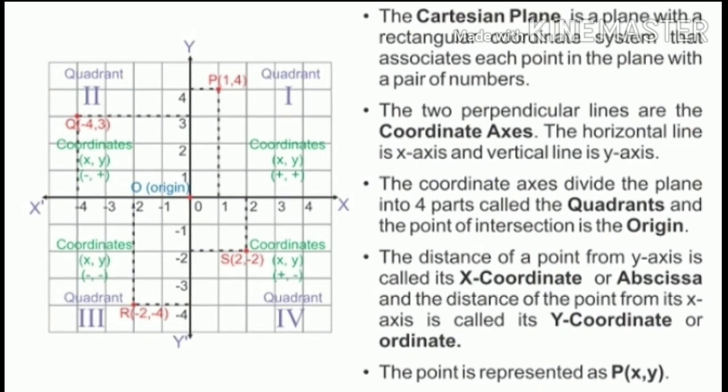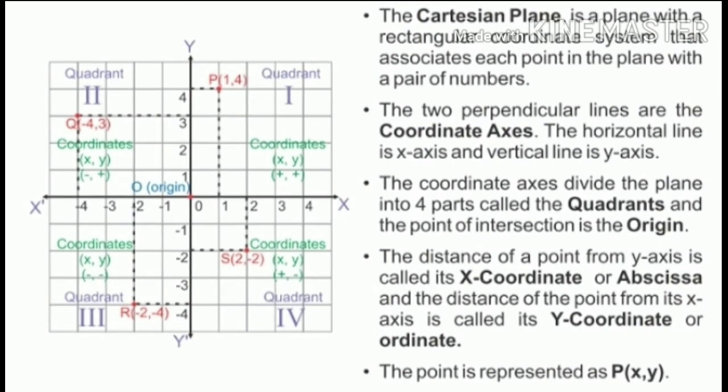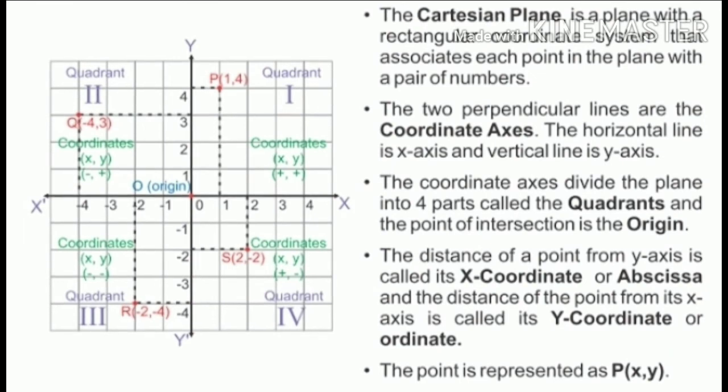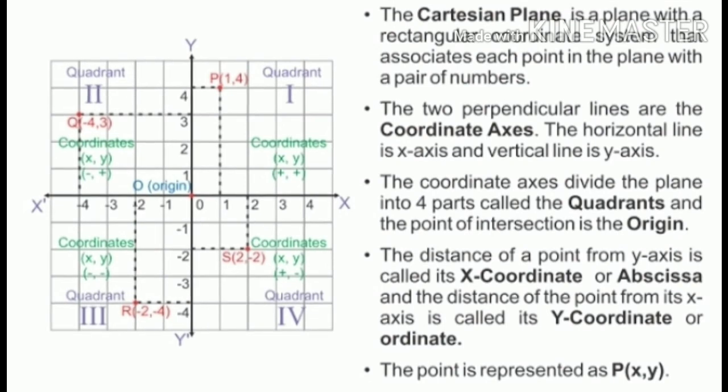The distance of a point from the y-axis is called its x-coordinate, also known as the abscissa. And the distance of the point from the x-axis is called its y-coordinate or ordinate. So the x-coordinate is known as the abscissa, the y-coordinate is known as the ordinate, and a point is represented by (x, y).